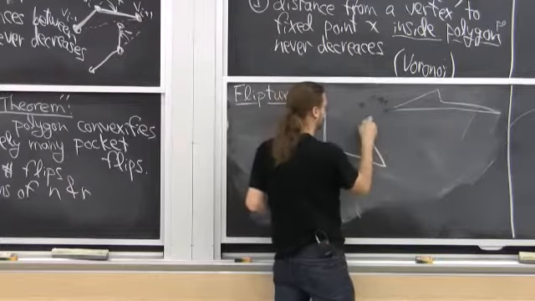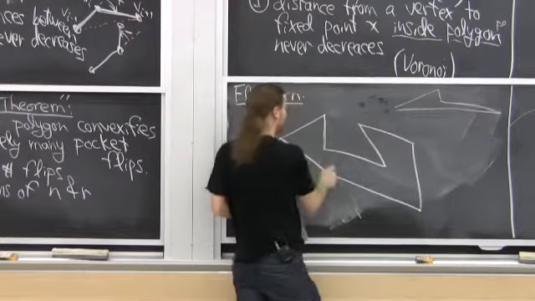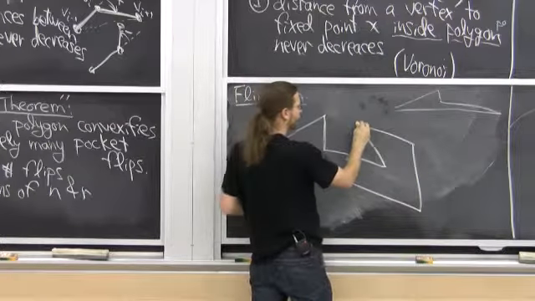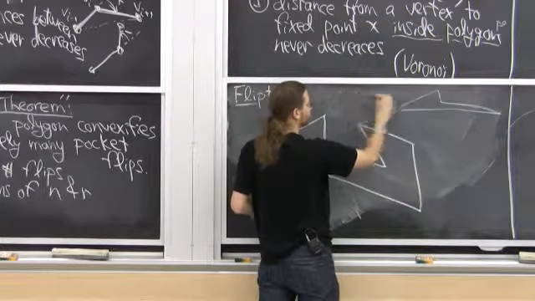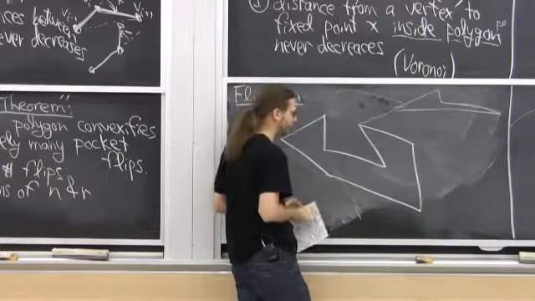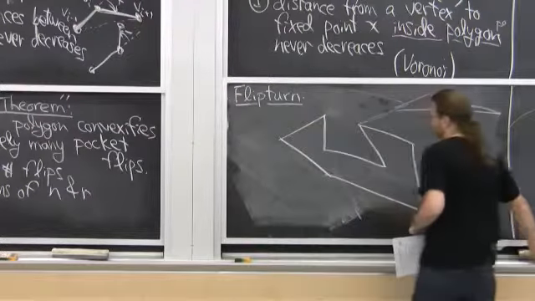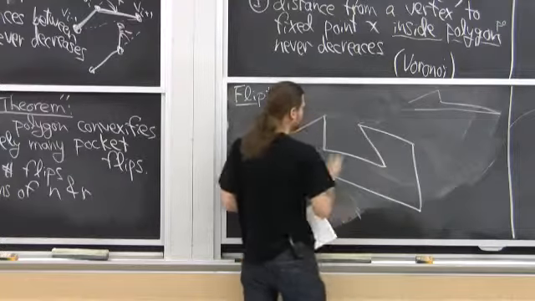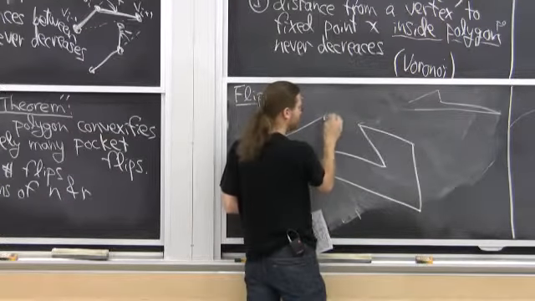So what's a flip turn? I should draw a relatively simple example. So flip would correspond to this reflection, something like that. We're not going to do reflection. Instead, we're going to do rotation. So here's the pocket lid.